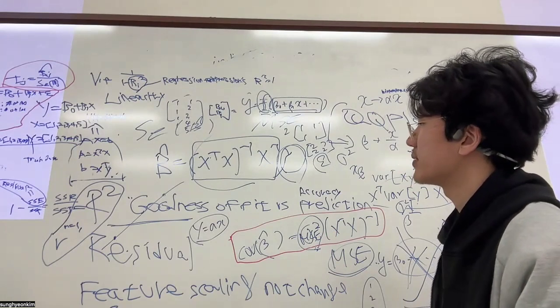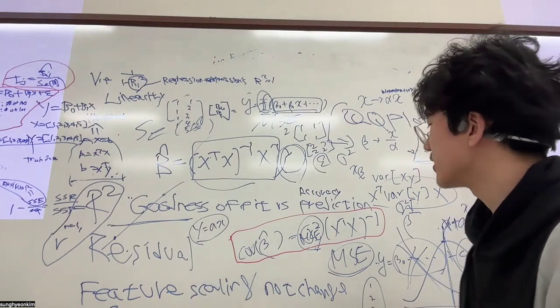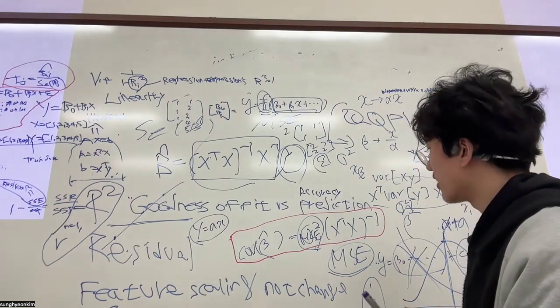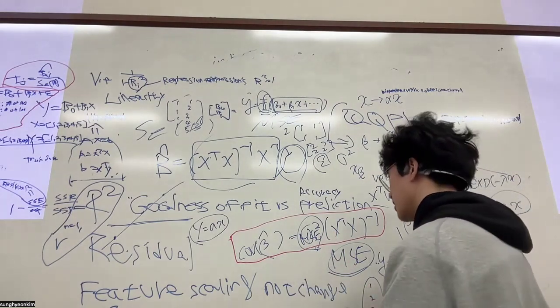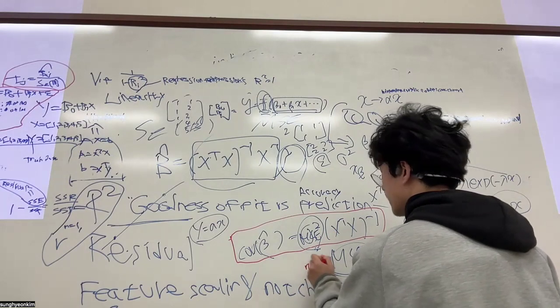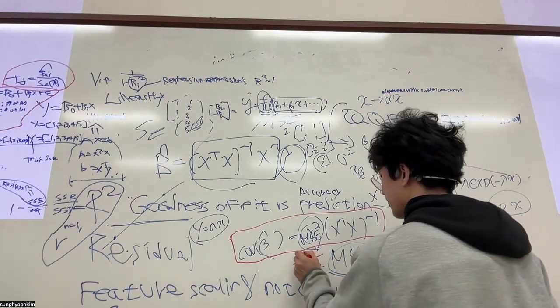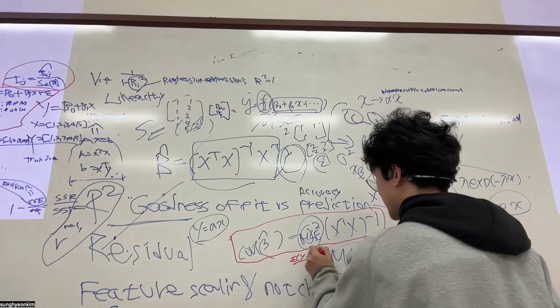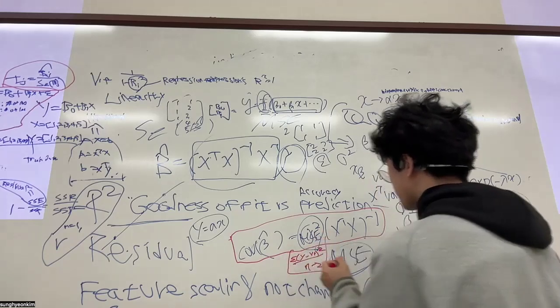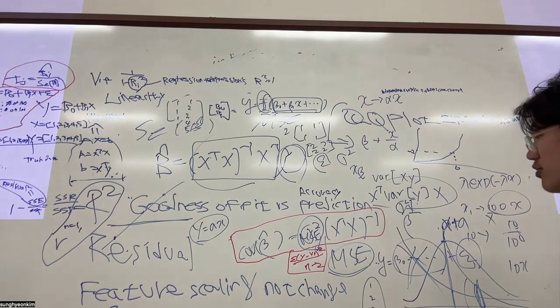What is MSE? SSE divided by n minus 2, if I'm correct. SSE is the sum of y i minus y i hat, squared. So we just replace sigma squared using MSE.